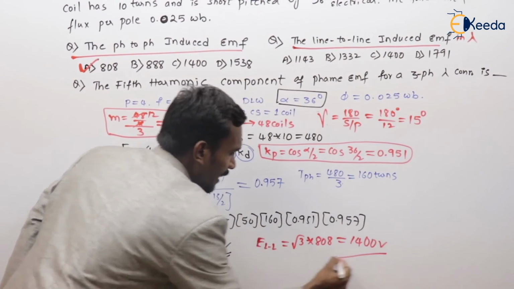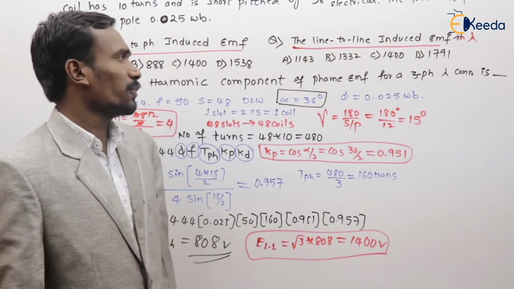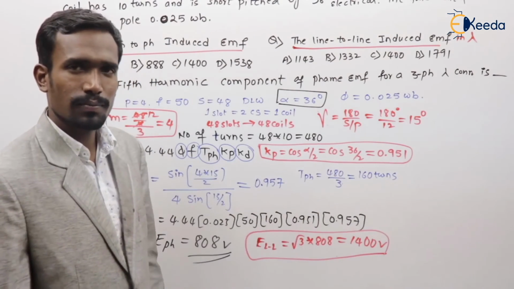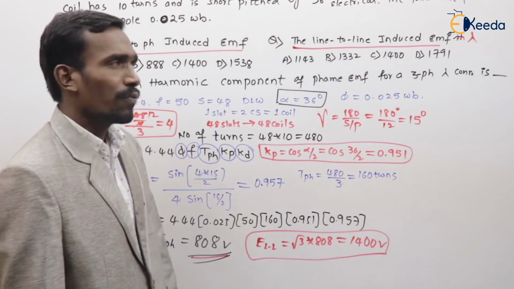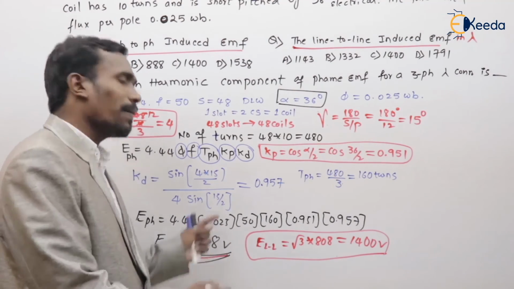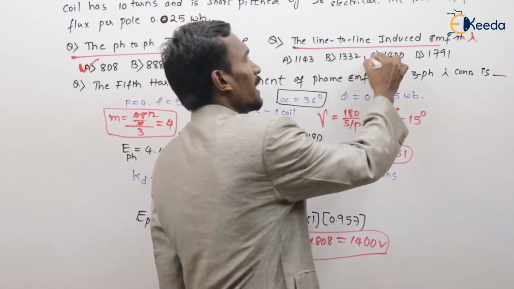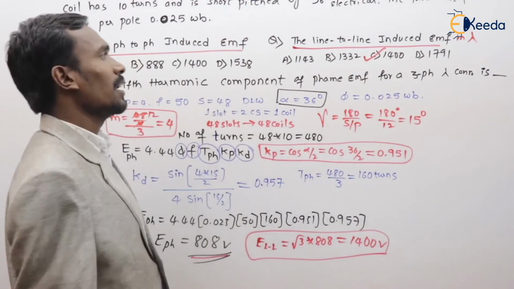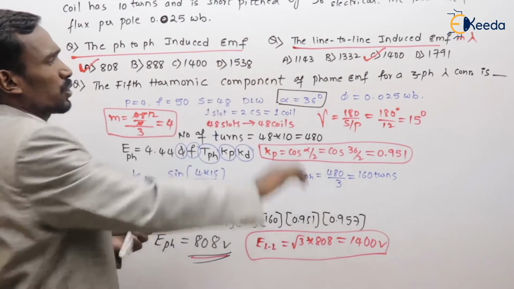If you calculate this value, you can get 1400 volts. We know the E phase value, and the line value for star connection is multiplied by √3. Then we get 1400 volts line to line. These are the answers for 2 questions.